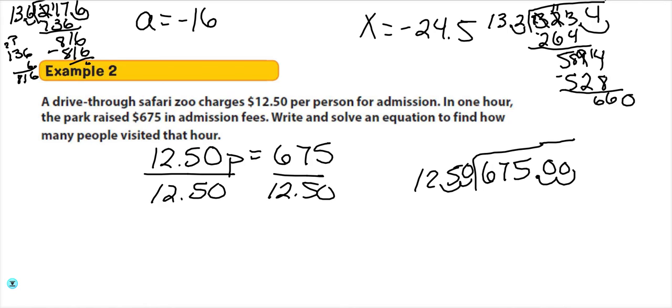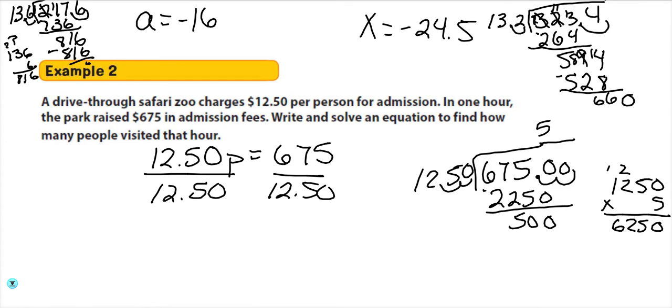Okay, so let's try a 5 first here. Yeah, let's try 5. So 1250 times 5 gives us 0, 5, 2, 6. We were pretty close. Okay, so 6250.